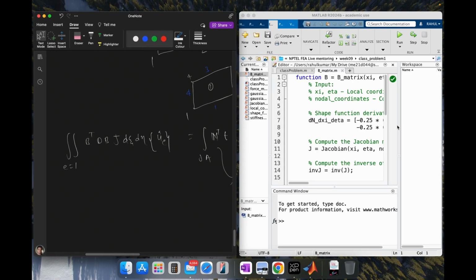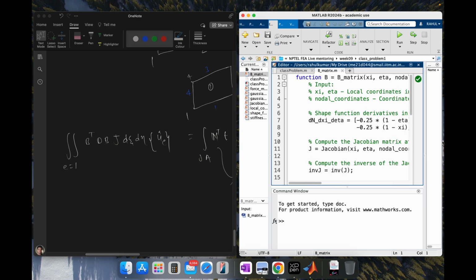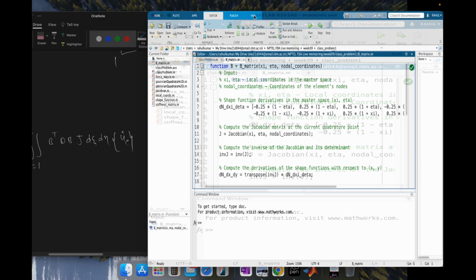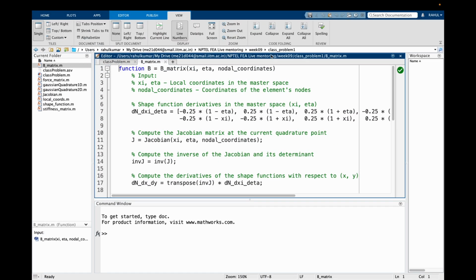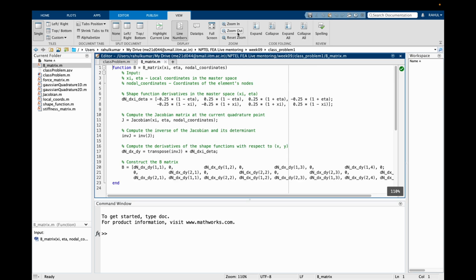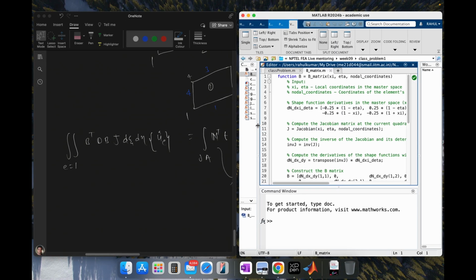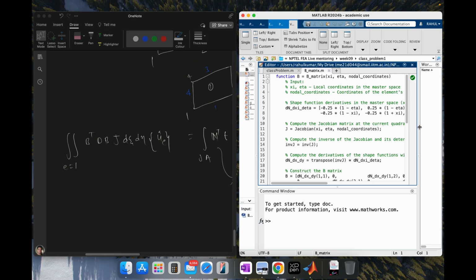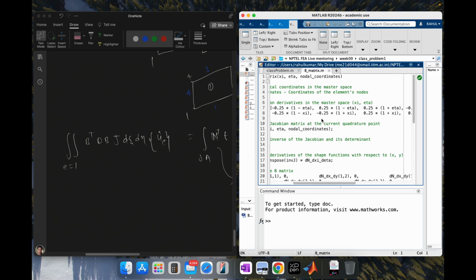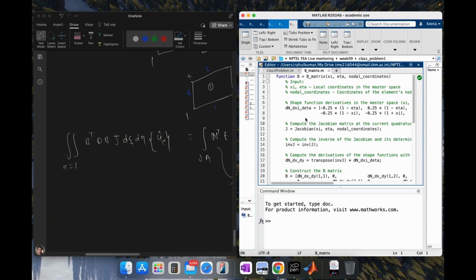So here you can see that del N by del xi, eta is a function of eta and xi.